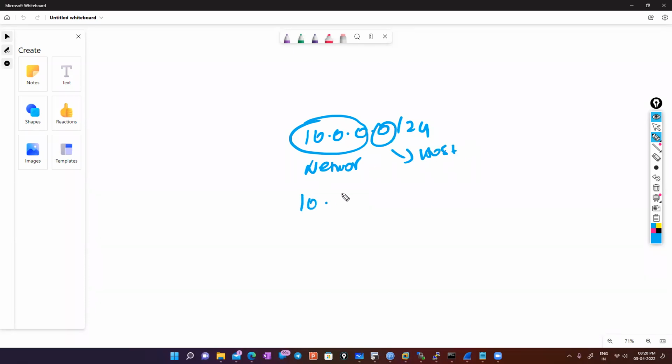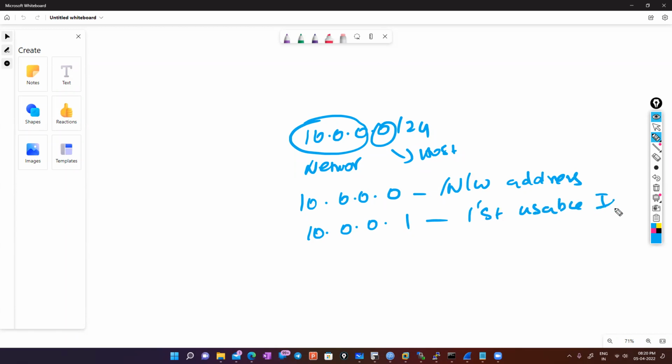Let me write my first address. It starts with 10.0.0.0, which is my network address. This cannot be assigned to any device. So what is my first valid IP? 10.0.0.1, the first usable IP address.